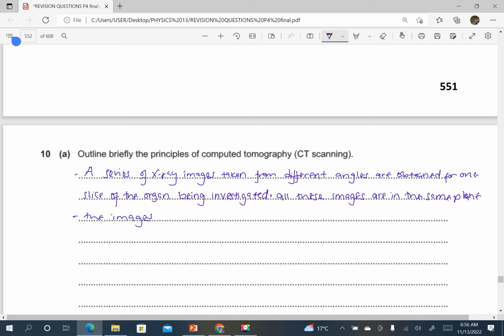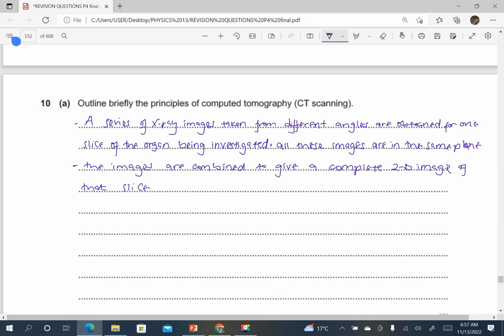The images are combined to give a complete two-dimensional image of that slice.